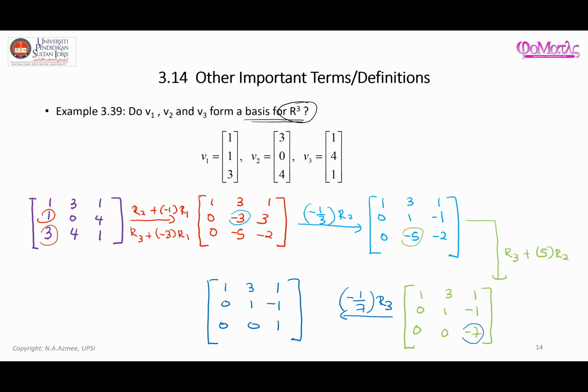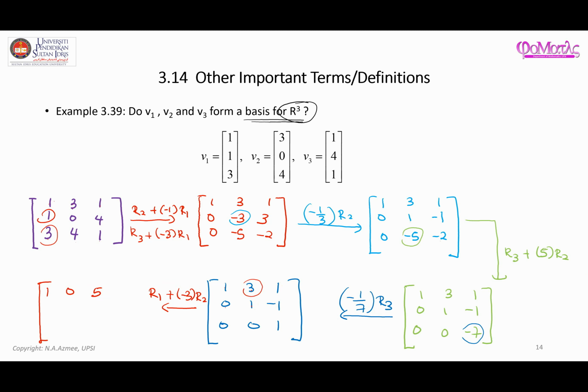So what we can do is focus on this part and turn it into 0. So there will be a change in the first row. So first row plus -3 times the second row. So 1 and 0 is 1. 3 minus 3 is 0. 1 plus 4 is 5.